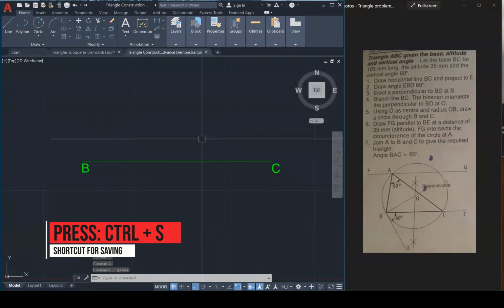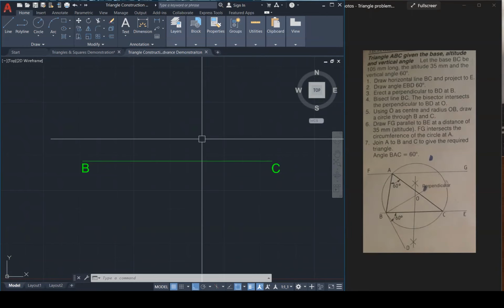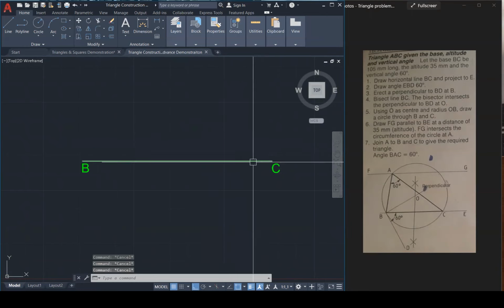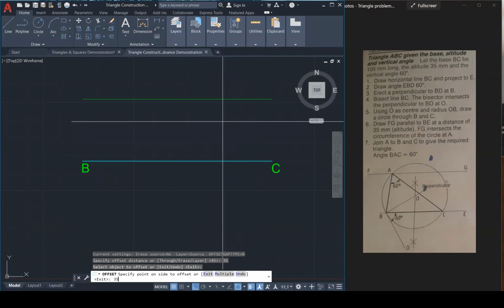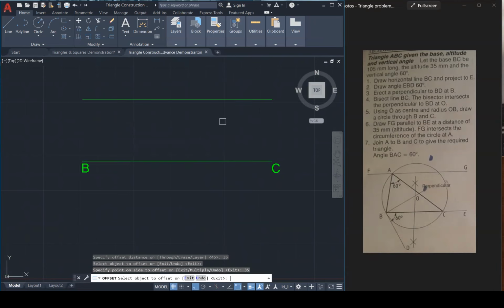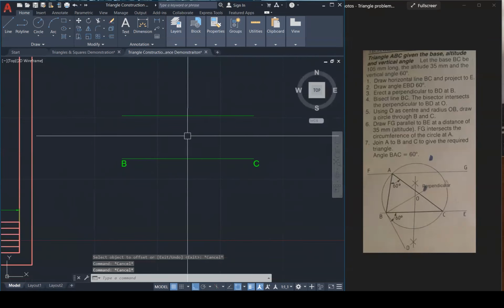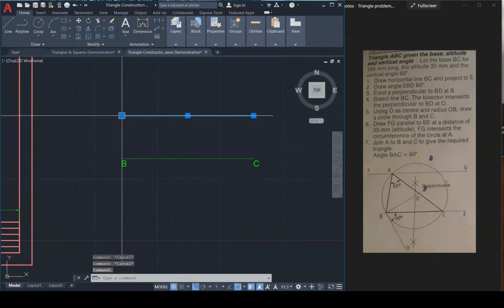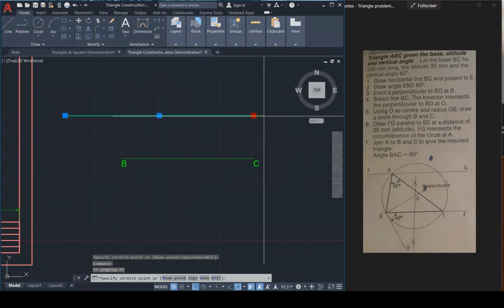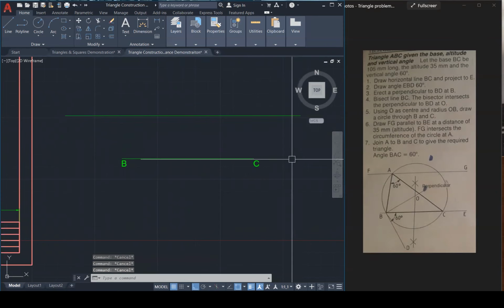After that, they want me to make an altitude of 35 mil up. So you're going to offset 35 mil up. Yep, that's 35 mil up. And let's just imagine this line goes a little further like that.